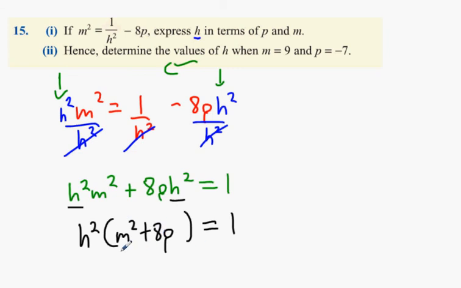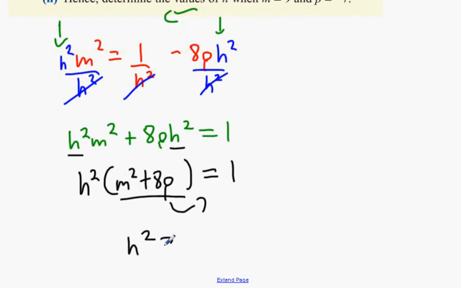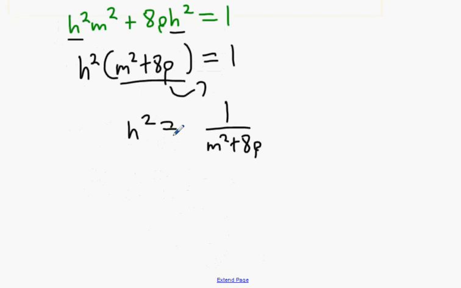What happens when I move the m squared minus 8p over to the other side? Division. Now, is h still on it? Is h on its own yet? What's stopping it from being on its own? And best way to get rid of a square? Square root it, the other side.